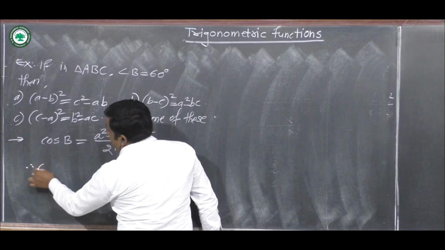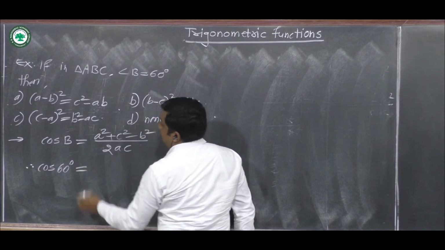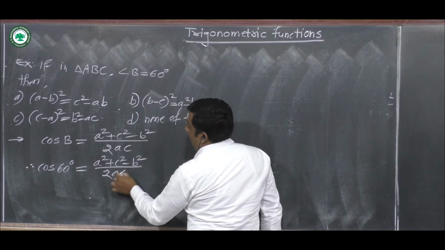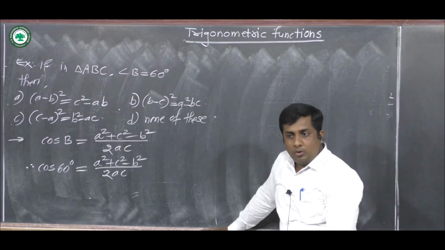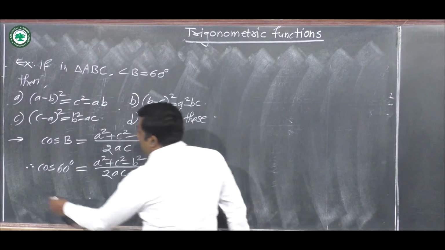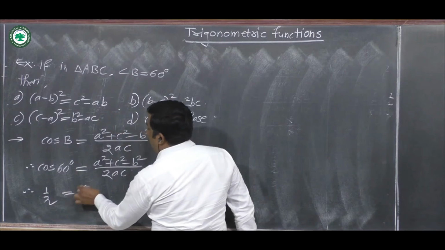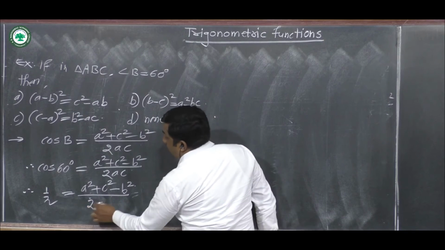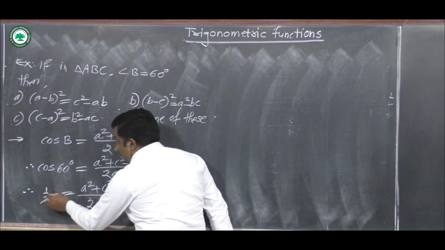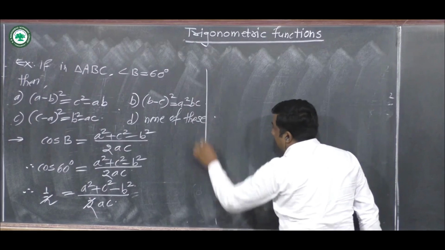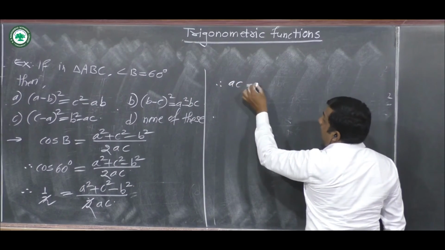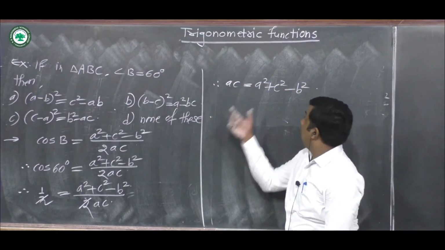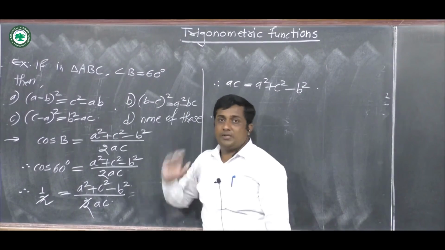Then we replace B by 60 degrees: cos 60 degrees is 1 upon 2. So 1 upon 2 equals (a square plus c square minus b square) upon 2ac. Here 2 and 2 cancel. Only remains ac equals a square plus c square minus b square. We get this step.